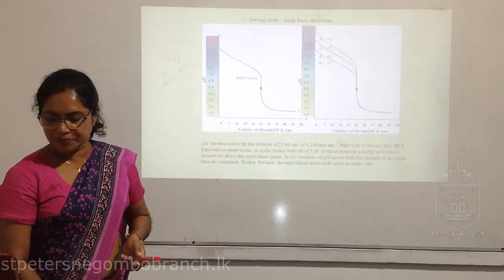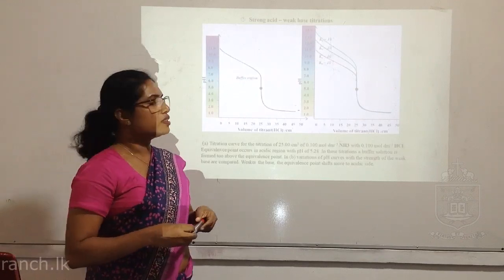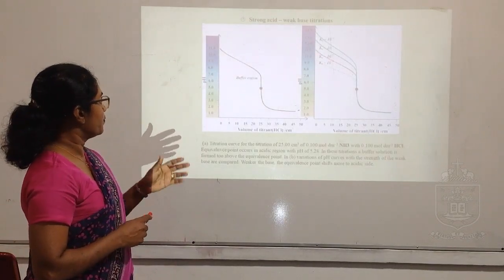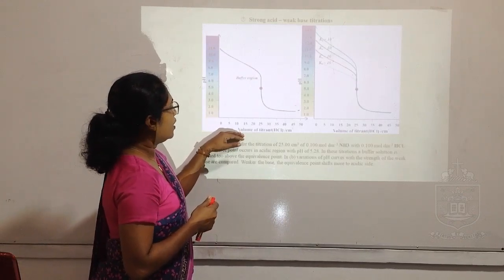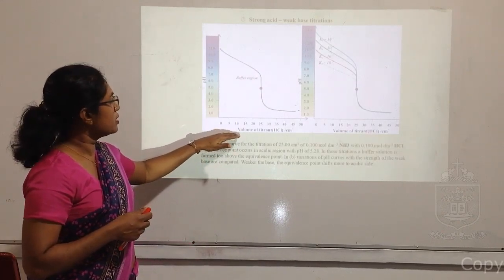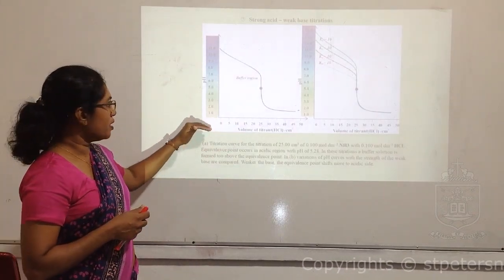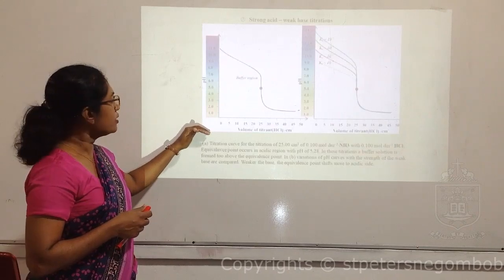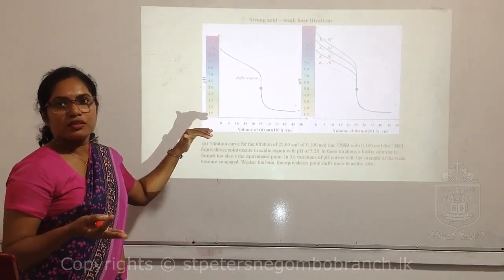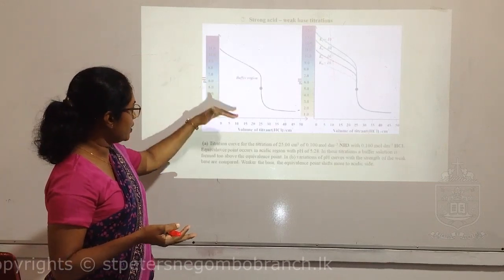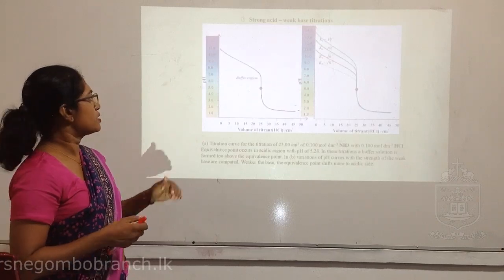Now let's take the next one, strong acid weak base titrations. In here we have added HCl to the base. In this graph you can see that the base is in the titration flask and we have added HCl to the base.